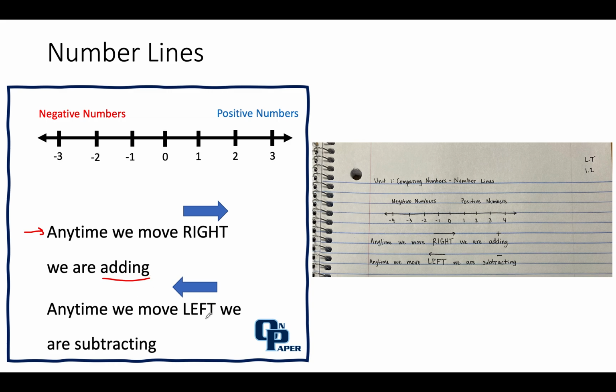And anytime we move left, we are going to be subtracting. If we use this rule for every number line we make, adding to the right, subtracting to the left, we will be able to fill in any pattern we come across. Pause this video now and make sure you have all information down in your notebook.